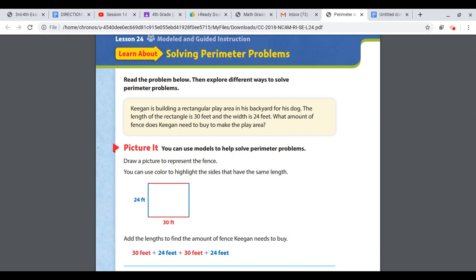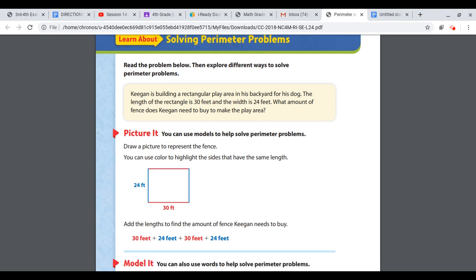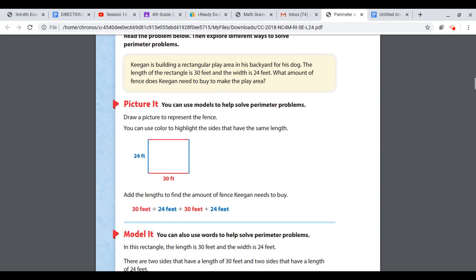It says, Keegan is building a rectangular play area in his backyard for his dog. The length of the rectangle is 30 feet and the width is 24 feet. What amount of fence does Keegan need to buy to make the play area?